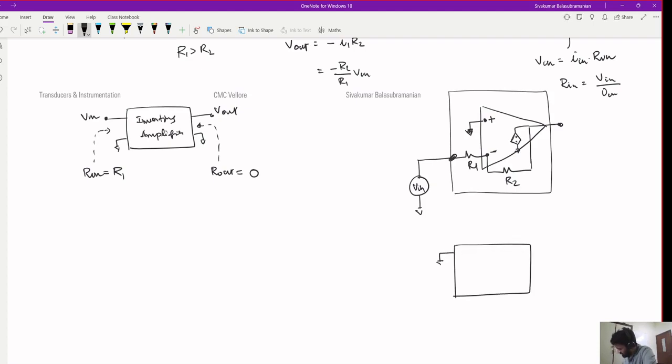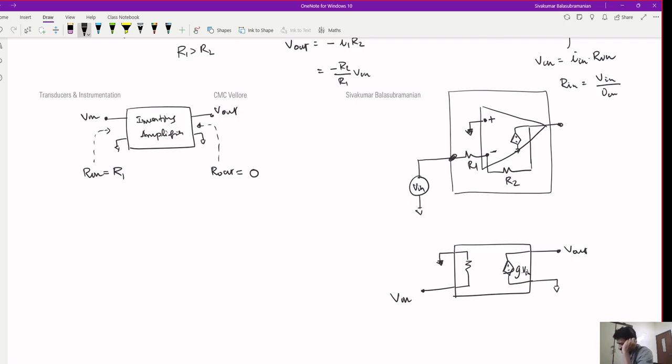The positive terminal is grounded, one terminal is grounded with your Vin, the output is also grounded on one terminal, and this is your Vout. The model of the circuit is like this, with some G times. The input impedance will be R1, sir.